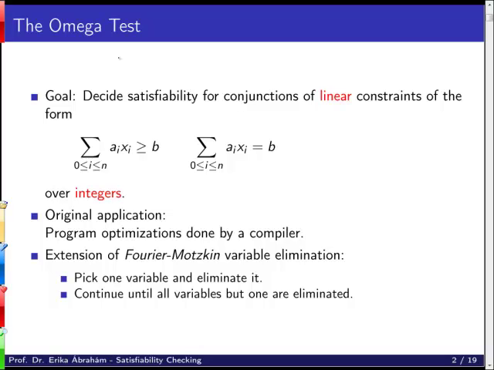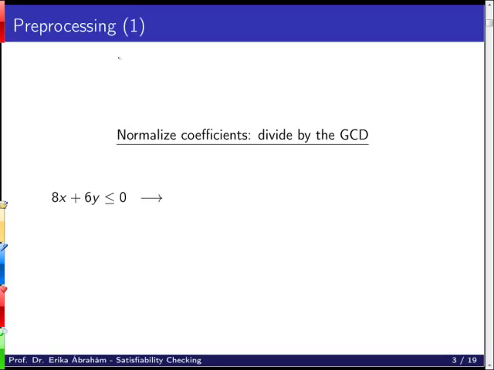So you see we have here inequations and equations, and the basic method can only handle inequations. So in the first step, we will use a pre-processing stage where we first simplify the problem, and second, we eliminate equations. So let us look at this first stage. We will see later that the efficiency of the method depends on the coefficients.